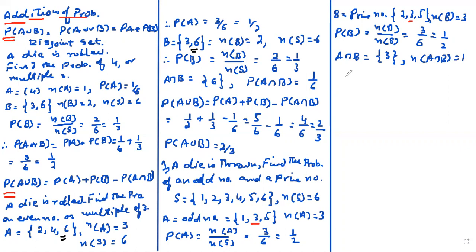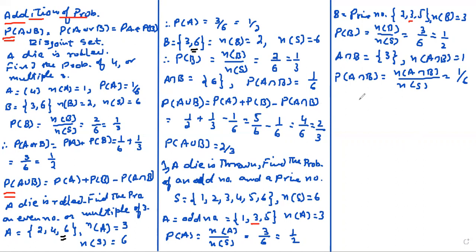The probability of A intersection B equals the number of A intersection B divided by the number of sample space. Now we have to take the addition of probabilities.